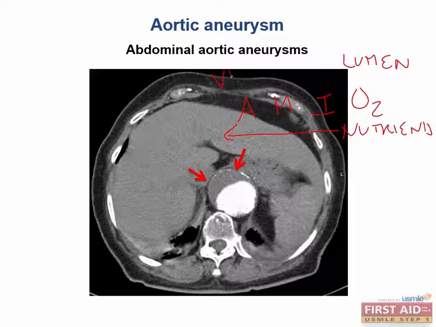If you have vasa vasorum in the adventitia, blood can also be provided from the vasa vasorum to the rest of the vessel wall. But when you have atherosclerosis and you have a very thick fibrous cap blocking the diffusion of oxygen and nutrients, you're going to increase the risk for atrophy of the 3 layers of your vessel wall.